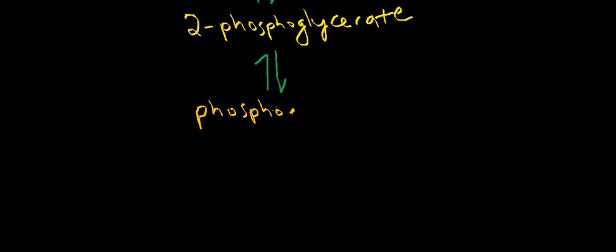When you convert from 2-phosphoglycerate to phosphoenolpyruvate, you actually lose a water, H2O.